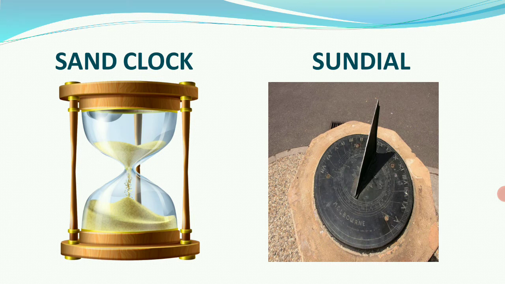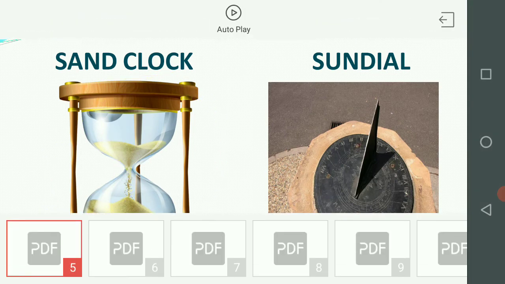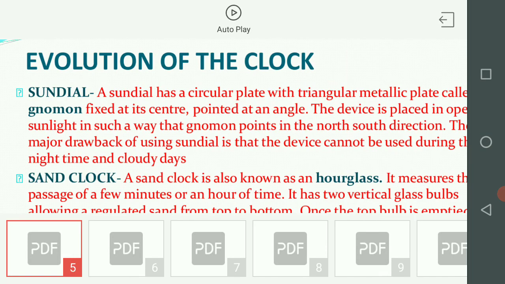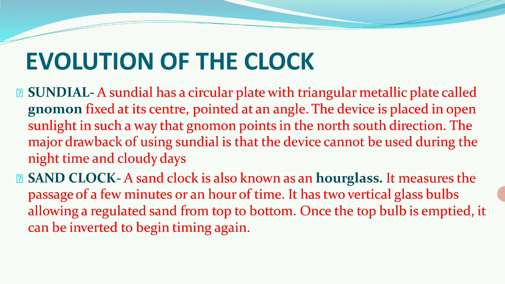So next discovery was sand clock. The word sand clock means the sand is present in between the two glasses. A sand clock is known as hourglasses. It measures the passage of few minutes of an hour of time.